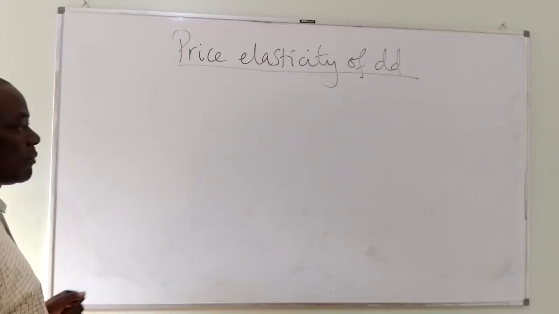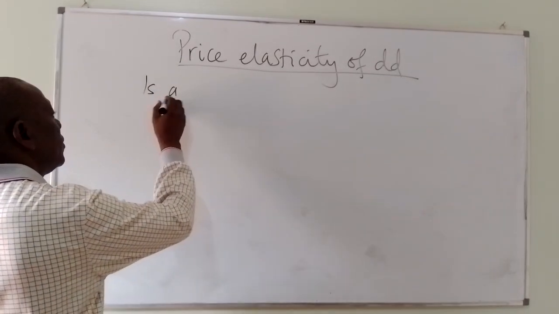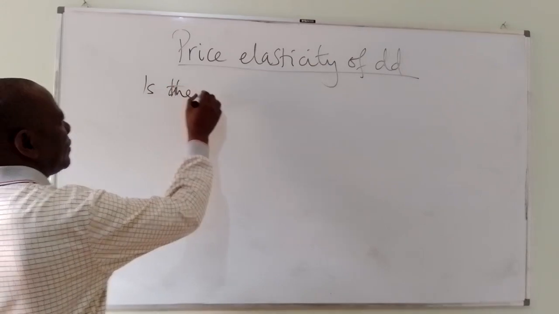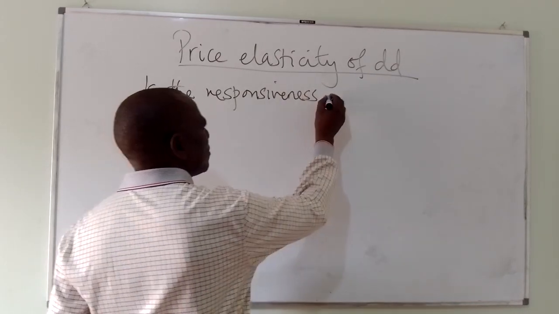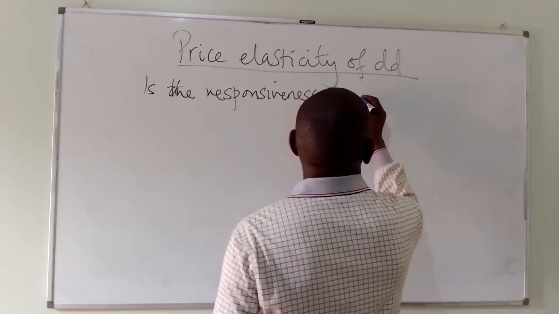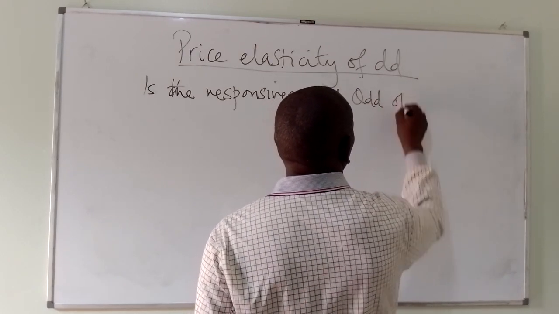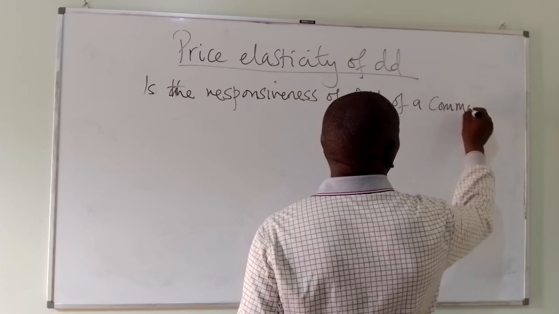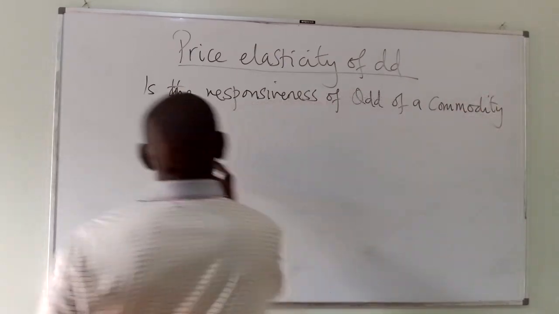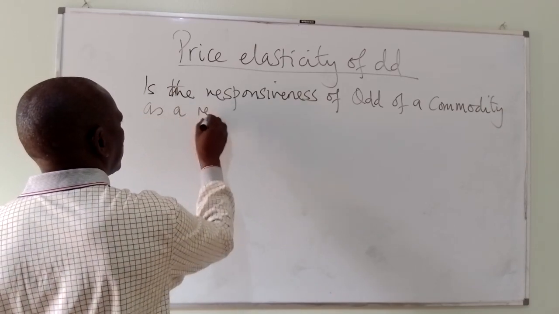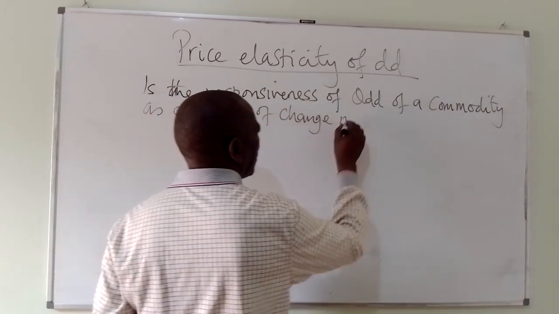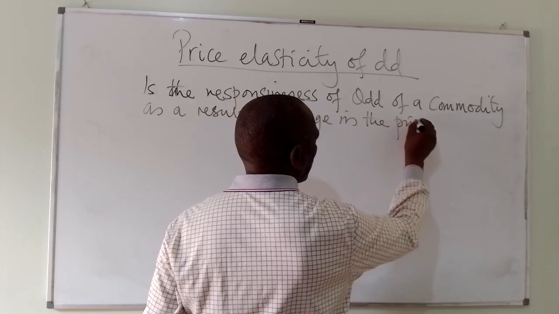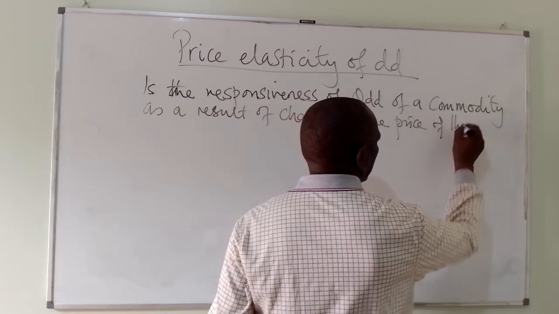response? So price elasticity of demand is or refers to the responsiveness of quantity demanded of a commodity as a result of change in the price of the commodity.